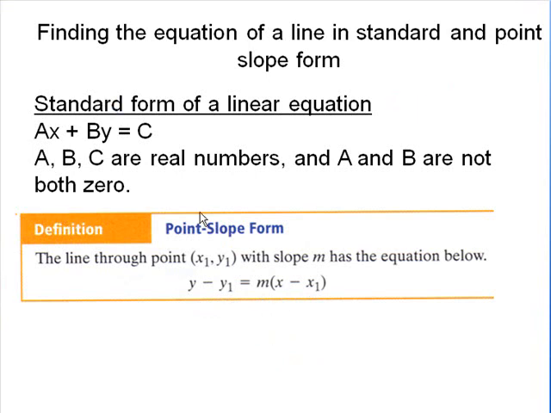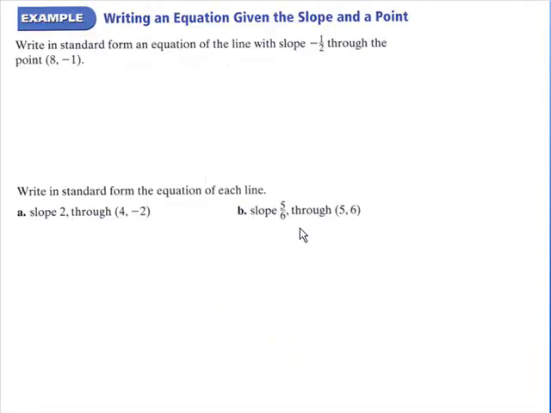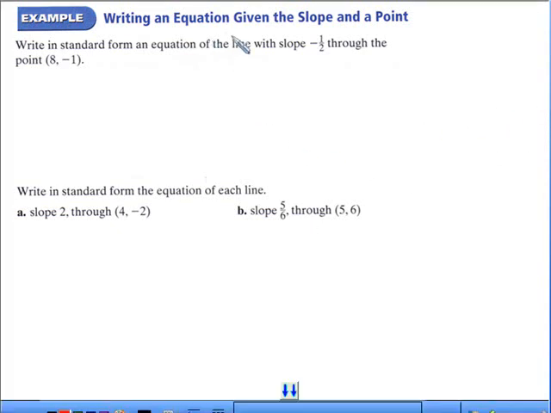So let's do some examples. Right here they want you to write an equation given the slope and a point. So write in standard form an equation of the line with slope -1/2 through the point 8 and -1.